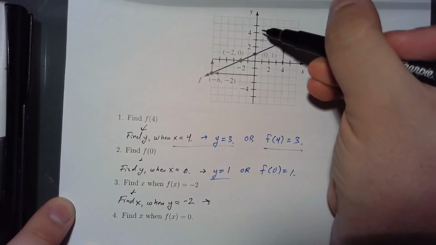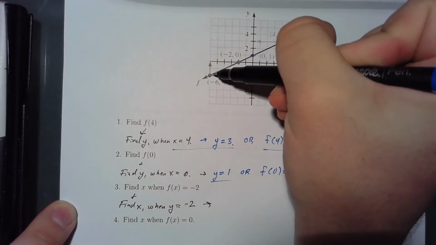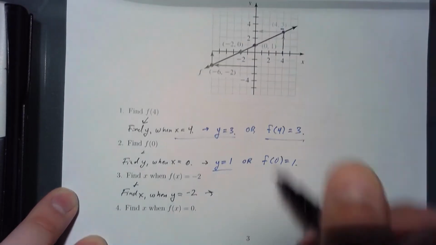So I'm looking at my y coordinate, -2. Oh, there's -2. Go over here. What's x? -6.